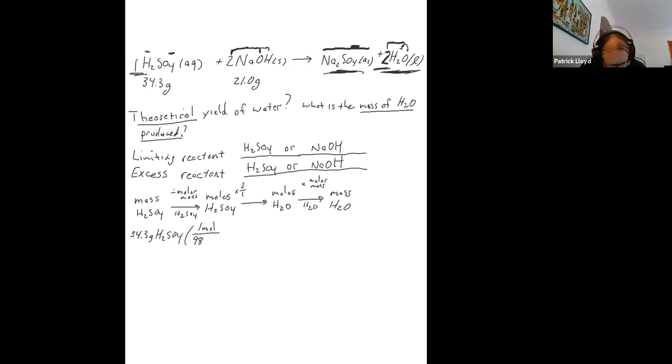So 1 mole over 98.09 grams. So notice with this one, I'm not writing the chemical formula H2SO4 out. You can write that out, or you could leave it out. But really, we're talking about grams over grams. That's the key point there. The units are going to cancel. So 34.3 divided by 98.09, and you get under a mole, right?